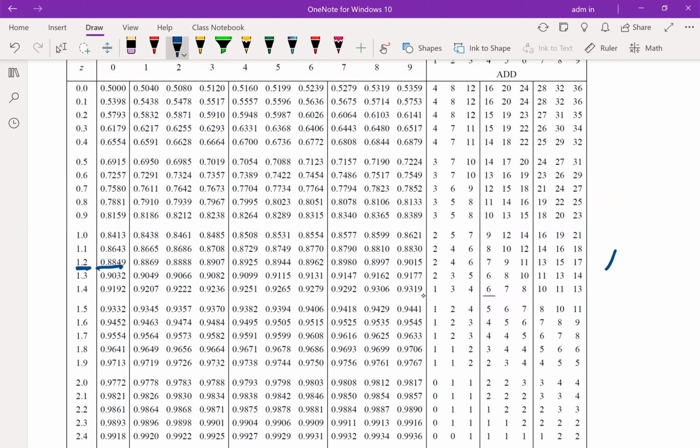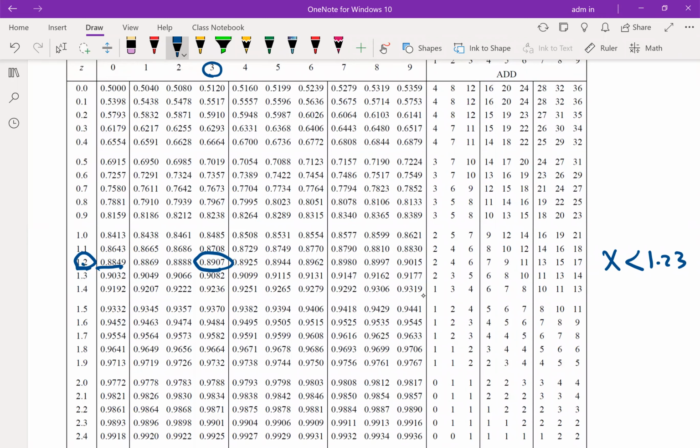So if it is written X less than 1.23, the whole number and the first decimal place, 1.2, first, then go to the right side and you will find the 3. So 3 is the second decimal place.